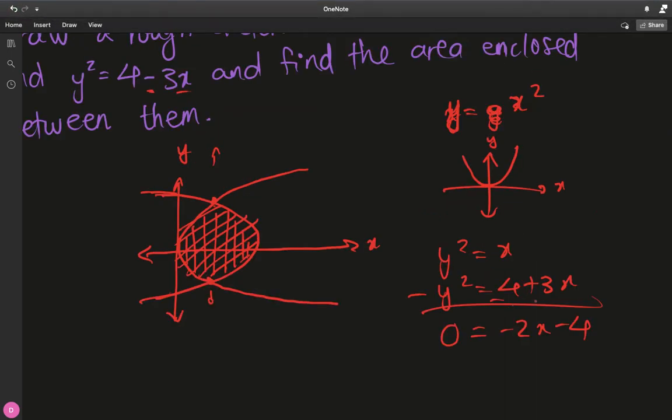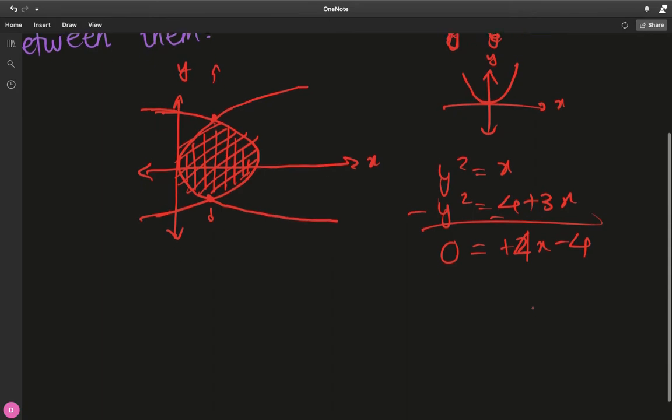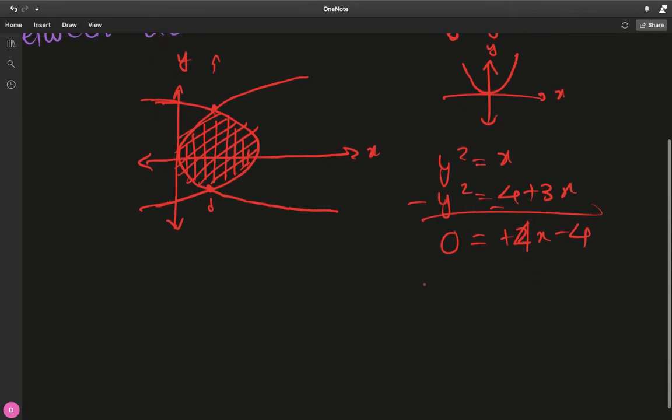Well, it's actually 4x minus 4. So x is 1.